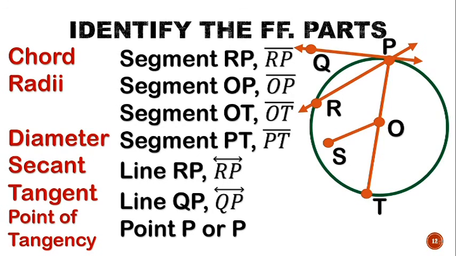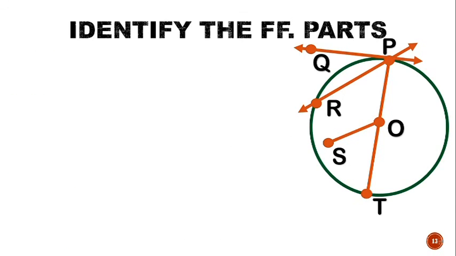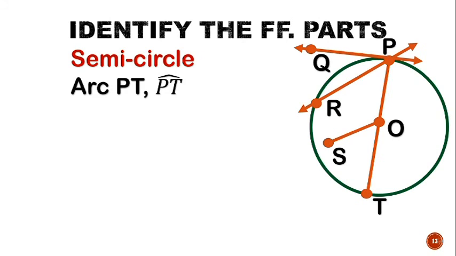And then the point of tangency will be point P. Next, name a semicircle. Alright, that is arc PT. Yung arc PT, pwedeng dumaan dito, pwedeng pa left side. Basta dapat siya yung dulo-dulo ng isang diameter.